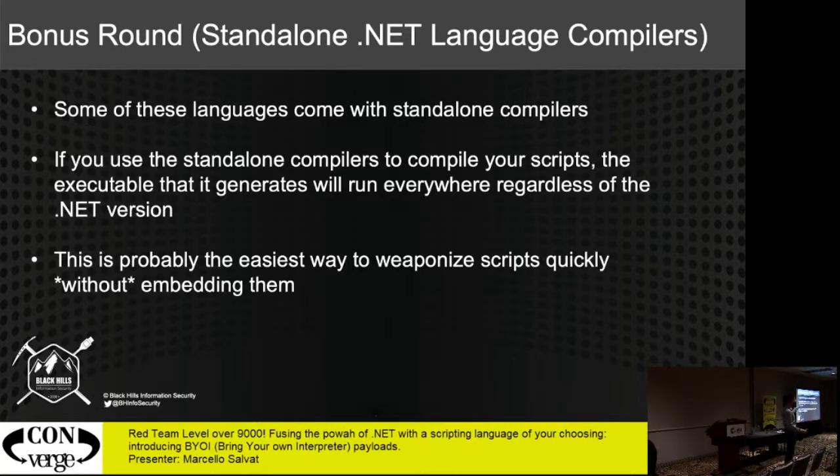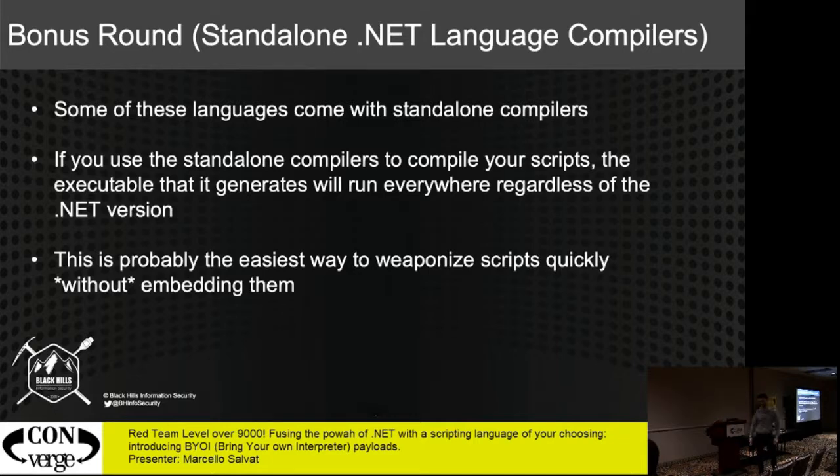And it doesn't matter what .NET version is installed, it'll just run everywhere because it compiles to intermediate language code, which means it'll just run on .NET 2, .NET 4.0. It'll just run everywhere. So this is by far the easiest way to compile and run your .NET code.